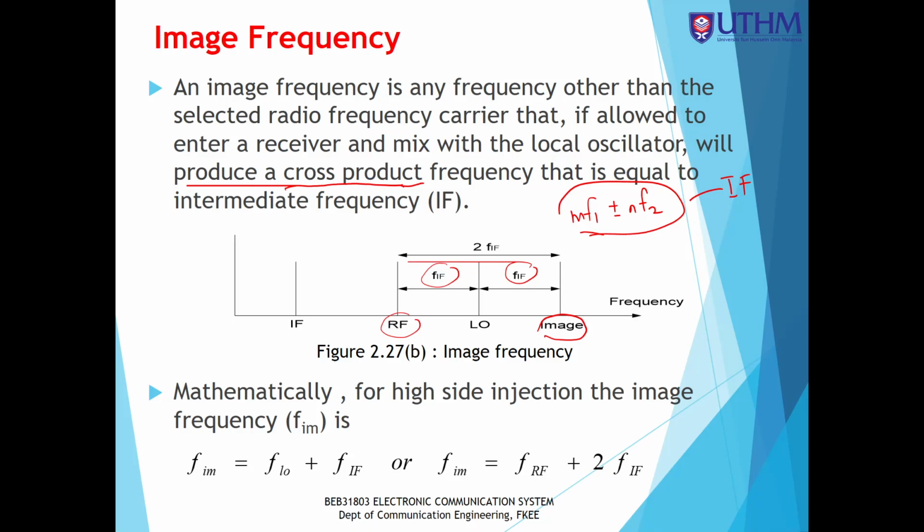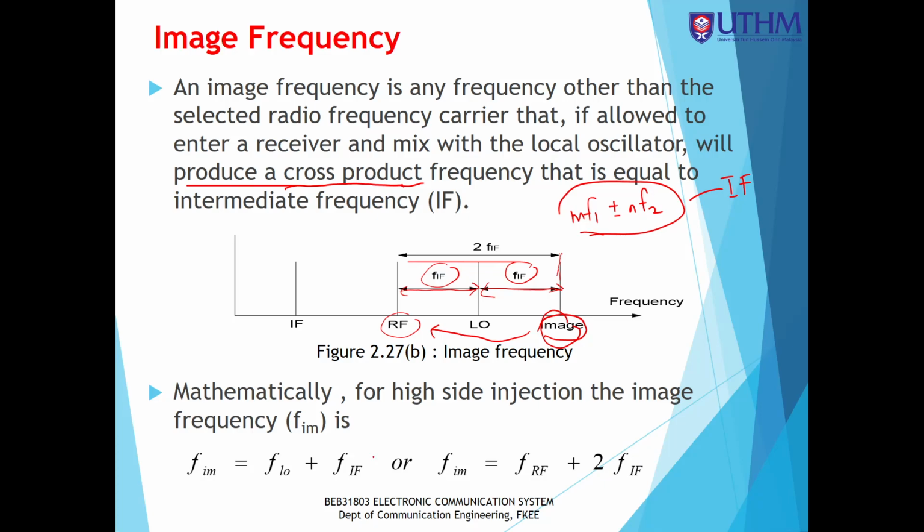So we should not allow this frequency into the system. You see that this is like an image. The distance is the same here, FIF, and here is also FIF. So it is like a mirror. The image is like a mirror to the RF frequency.